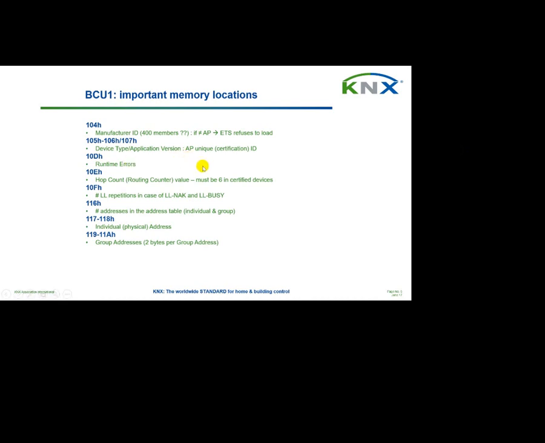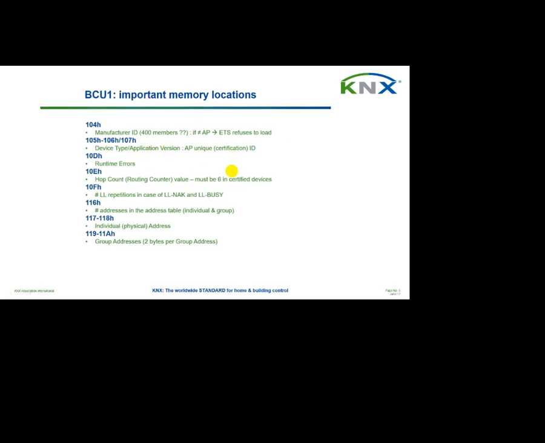So it's actually nearly the same principle. Just one remark here about the manufacturer ID. Indeed, this is only 1 byte, or 1 octet, better said. So it's only 8 bits. So maximum we can only encode 255 different manufacturers if we don't use 0, of course. Although we have more than 400 members, so why is that?